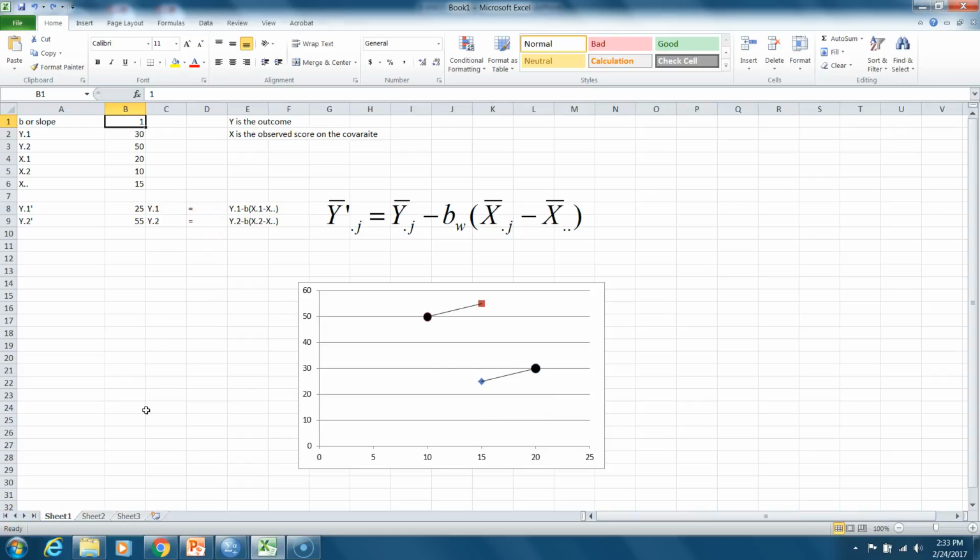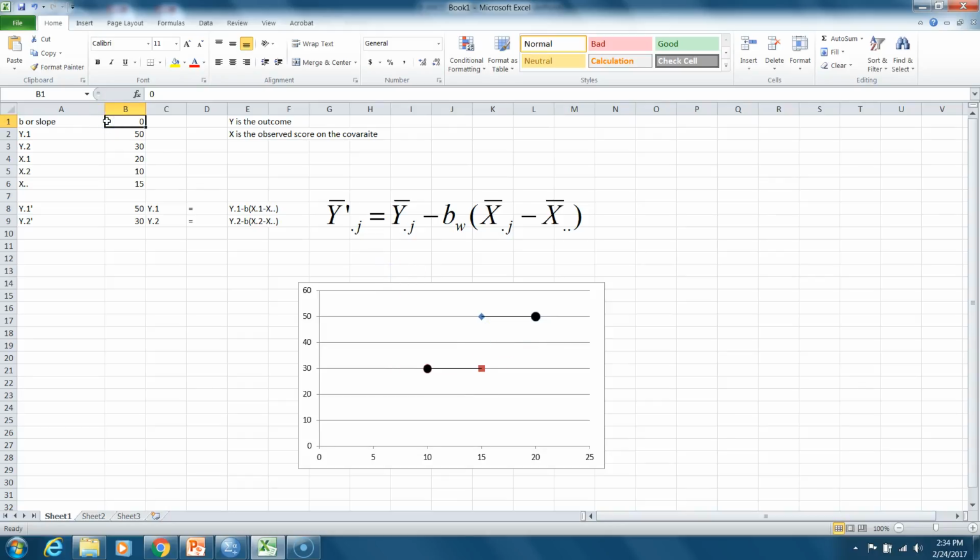Another way of thinking about this is whether or not we have a positive or negative relationship. So I'll go back to the original example we had, which was group 1 had a mean of 50 and group 2 had a mean of 30. I'll put the 0 in here, and we can see there's a difference of 20 points between 50 here and 30 here. There's no adjustment.